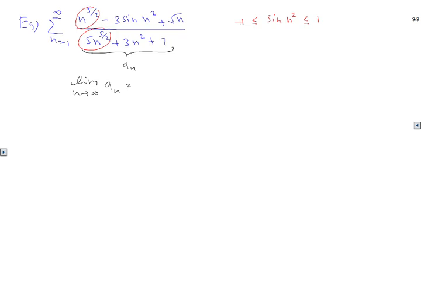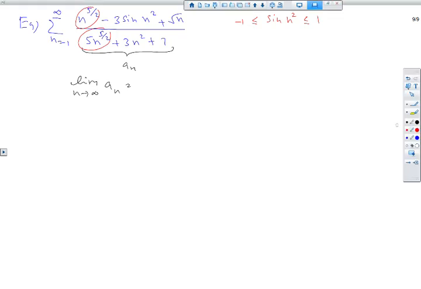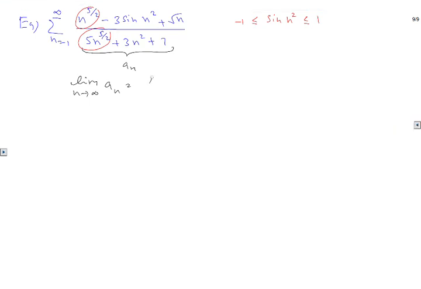That's why we ignore the sine term. Sine and cosine we can ignore, but you have to be worried about tan, because tan can go to infinity. Still, it depends how you write it, because if you write 1 minus cosine x, you have to be careful.